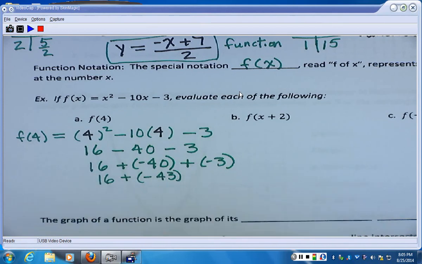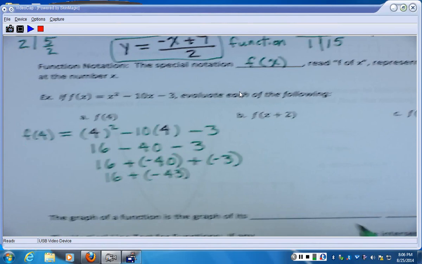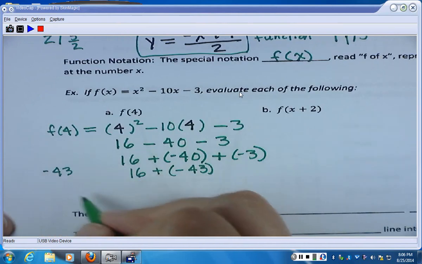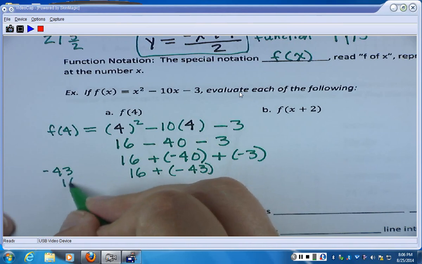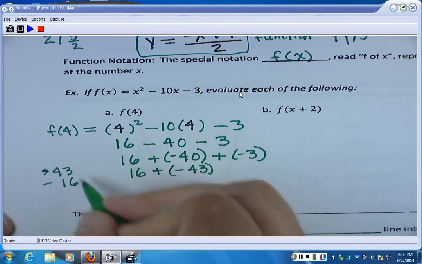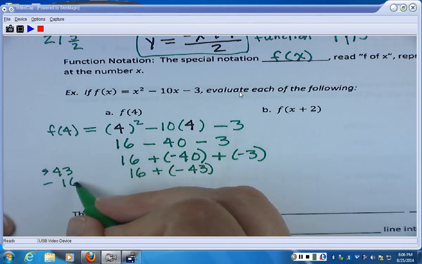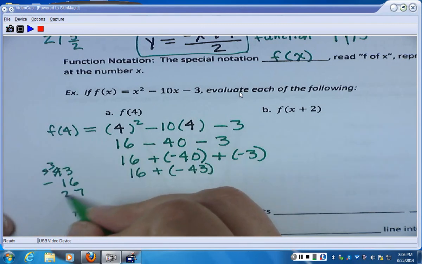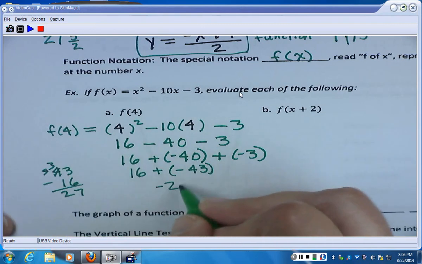And you can, of course, use your calculator at this point, but we're going to subtract and keep the sign of the larger number. So if I was just going to do it here, I would do negative 43. Actually, 43 minus 16 is 27, negative 27.